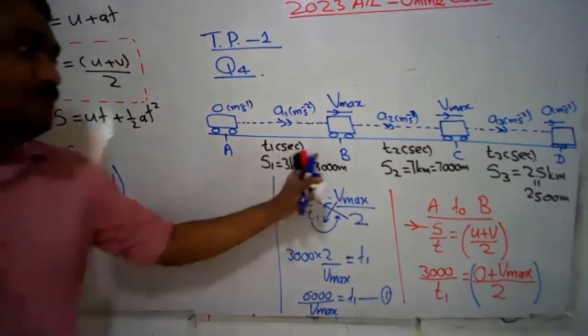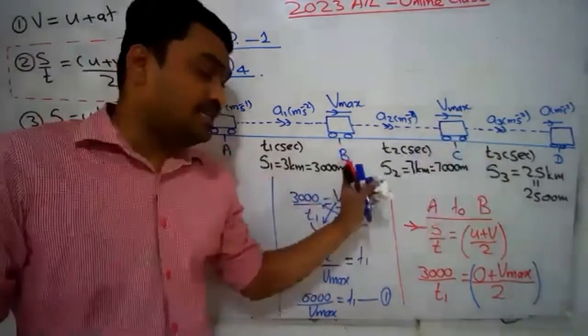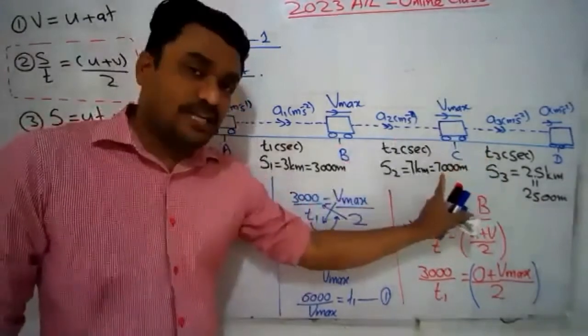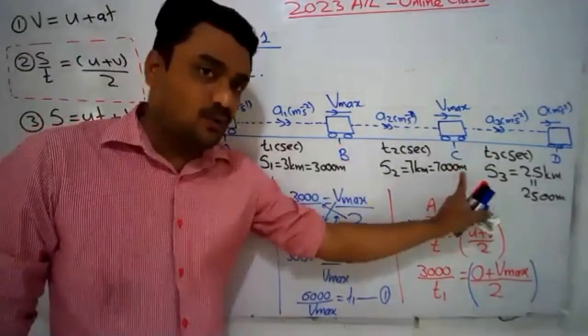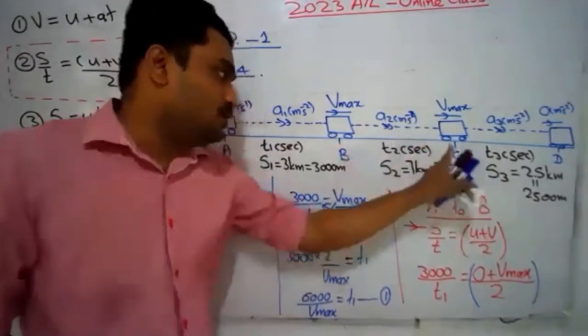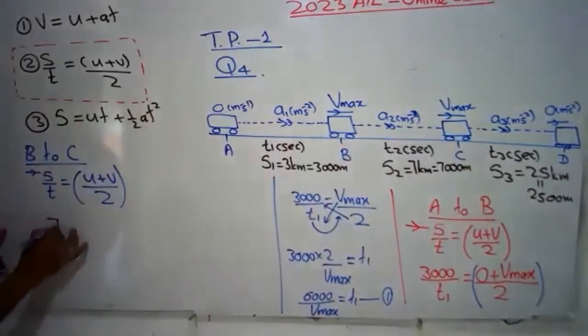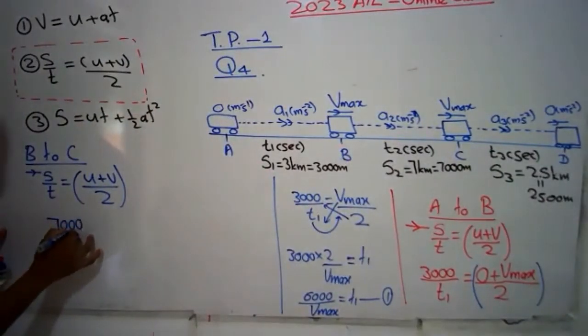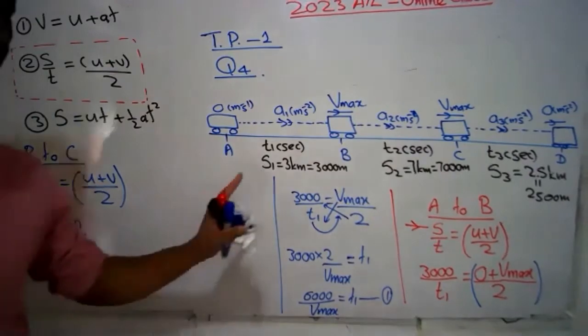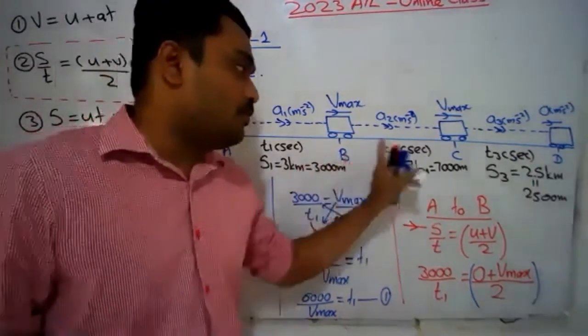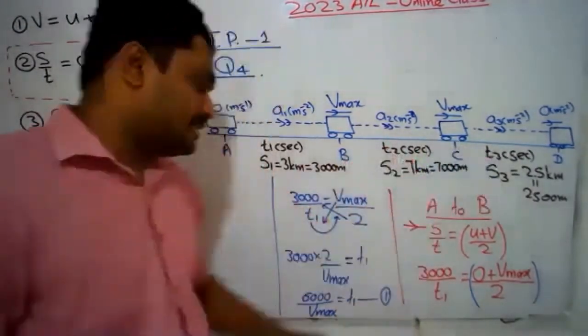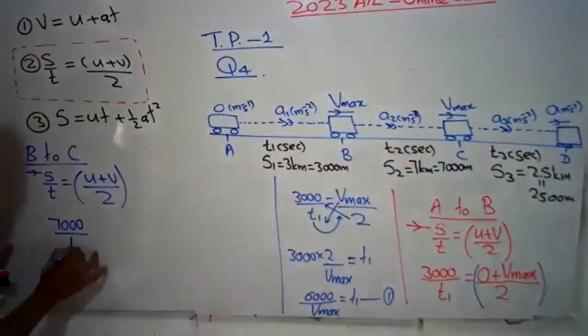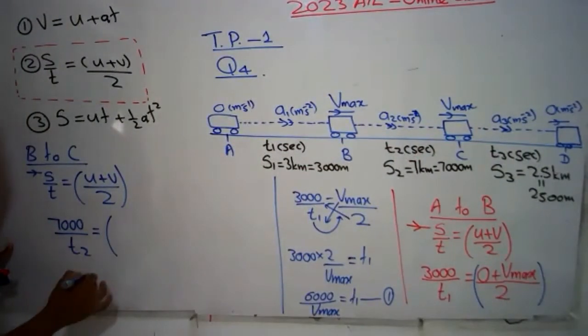If you consider the BC section, the displacement is 7000 meters. We do not use kilometers. The time taken for the object to travel from B to C is T2 seconds. Equals U plus V over 2.